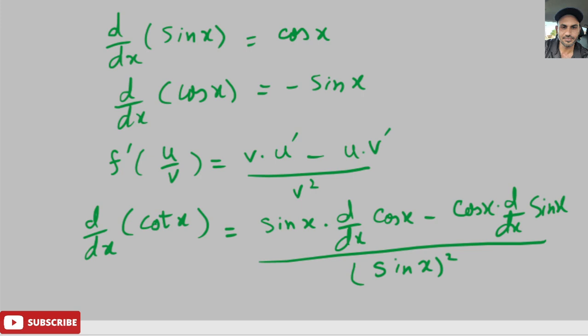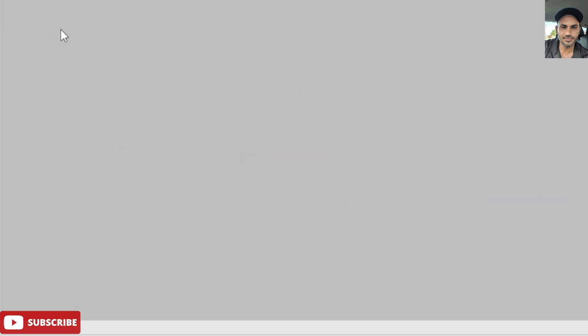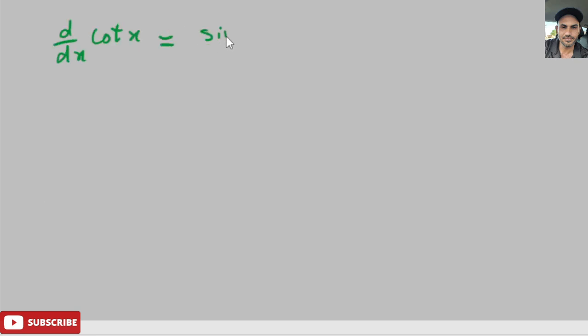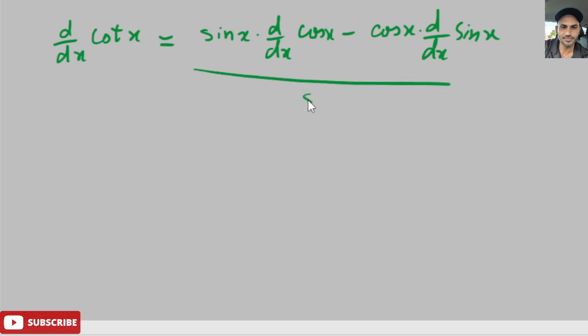Okay, so all I did was plug this into the quotient rule right here. Now we get d over dx of cotangent of x equals, let me just write it again, sine of x times d over dx of cosine of x minus cosine of x times d over dx of sine of x, everything divided by sine of x squared.